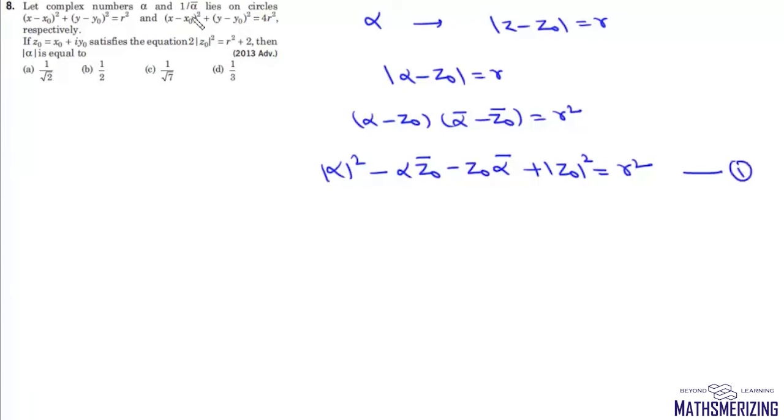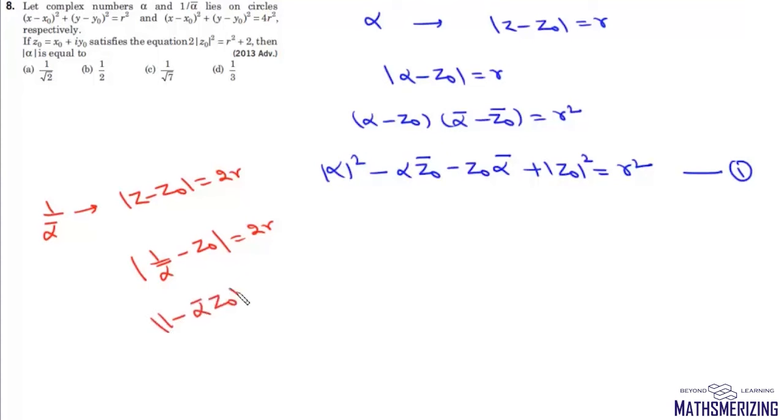Now it is also given that 1 upon alpha bar lies on the circle mod of z minus z naught equals 2r. So we can write mod of (1 upon alpha bar minus z naught) equals 2r, or mod of (1 minus alpha bar z naught) whole square is equal to 4r square into mod of alpha bar square.